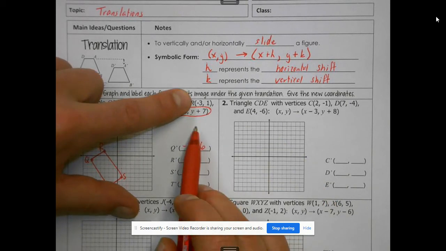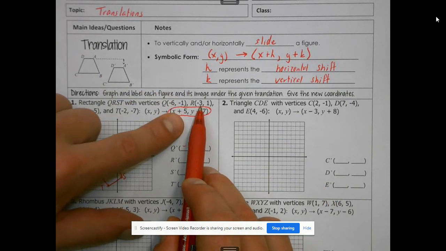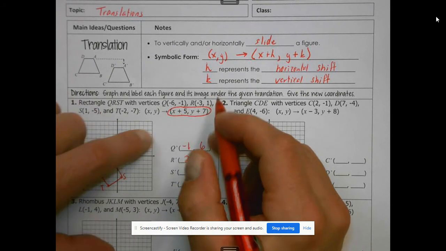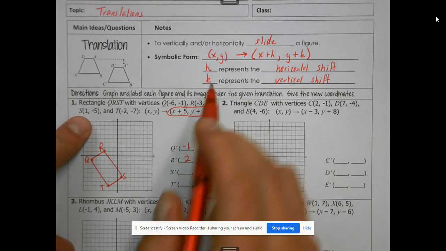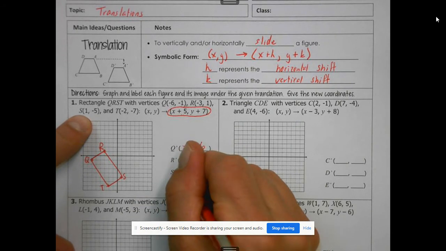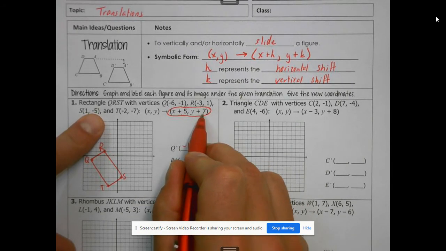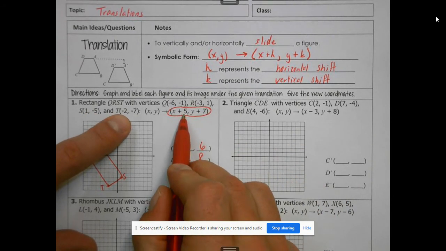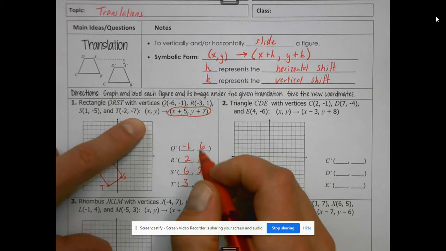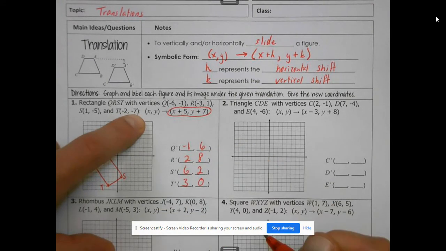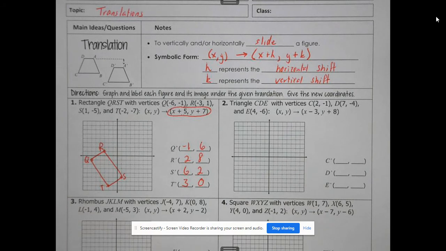Go to the R's. 5 and negative 3 is 2. 7 and 1 is 8. Go to the S's. 1 plus 5 is 6. Negative 5 plus 7 is 2. Last point, the T. Negative 2 plus 5 is 3. And negative 7 plus 7 is 0. Graph the new points, and you are done.